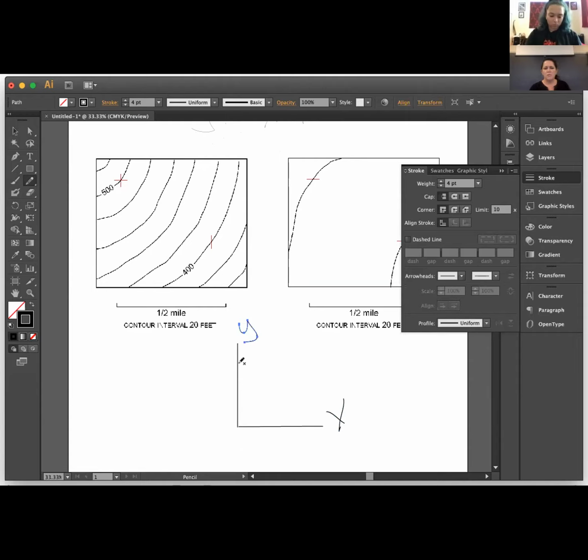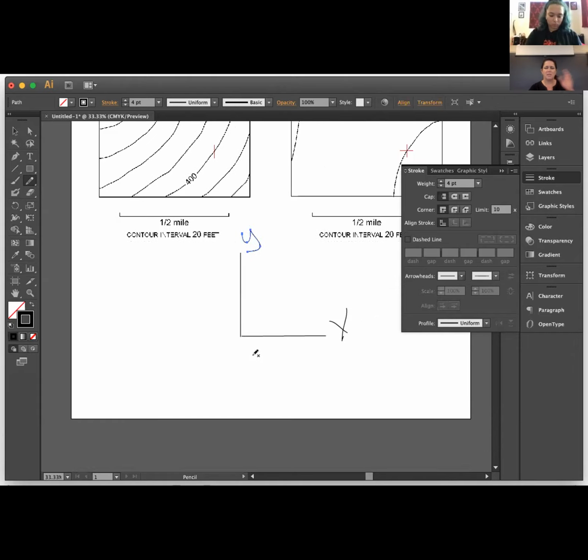Your vertical distance you could plot on your y-axis, your horizontal distance on the x-axis. So we called that a half mile and 100 feet. We'll come back to this because I just realized we didn't start here. I was going to explain unit conversion. That's right.